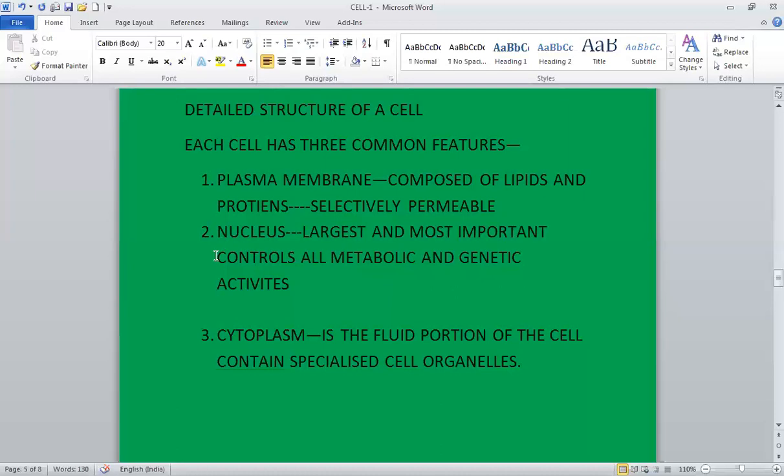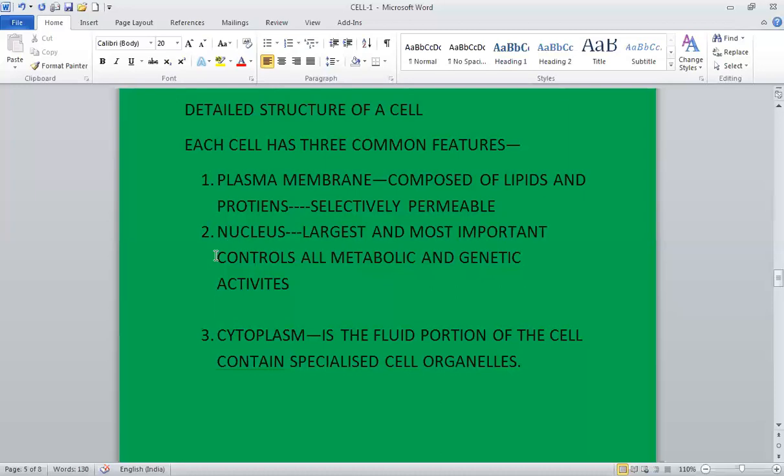What is the nucleus? It is the largest and the most important cell organelle in eukaryotic cells. In prokaryotic cells, the nucleus is absent.